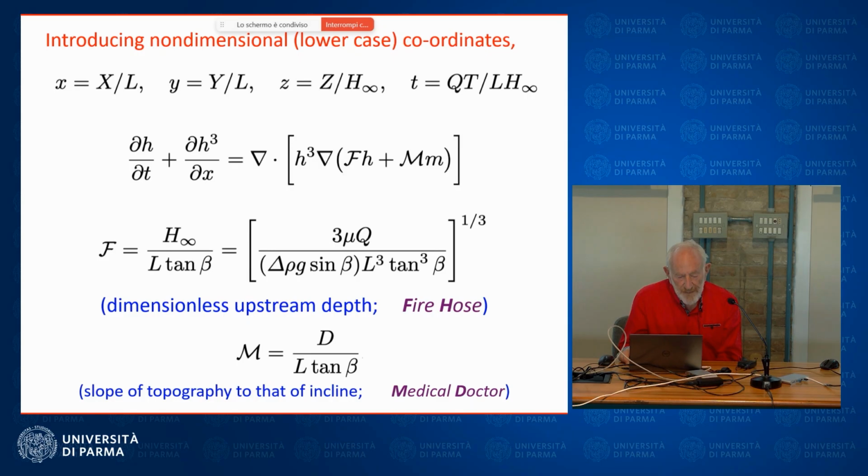Now we non-dimensionalize with respect to some length scale capital L, that is the horizontal length scale in X and Y. In Z we non-dimensionalize by the thickness of the flow as it's flowing down, initiated, and then non-dimensionalize time.